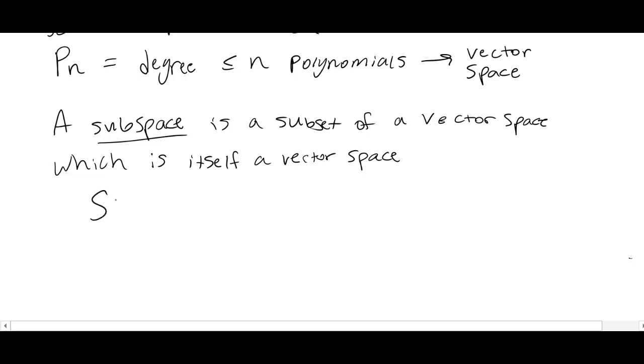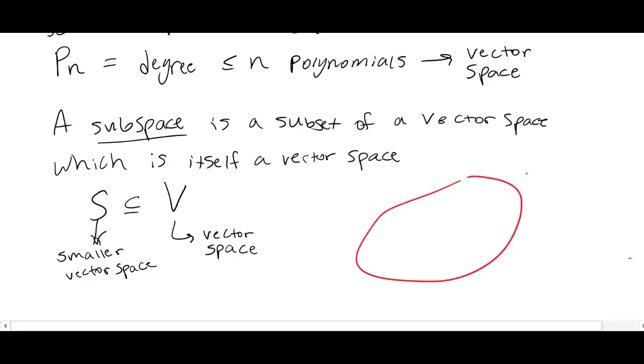So you have some subset of this vector space. This is just a smaller vector space. So a nice picture would be, that's V, smaller vector space, that's S.